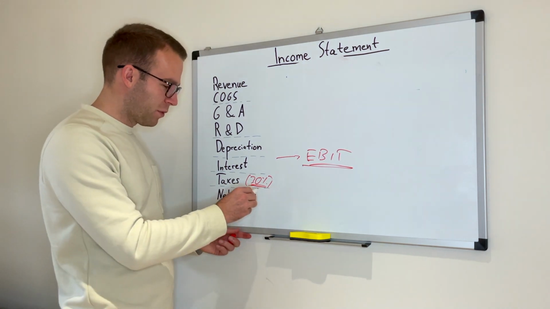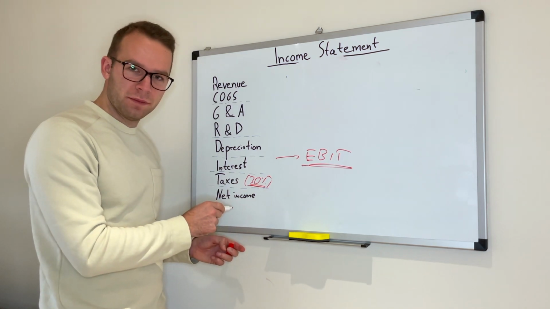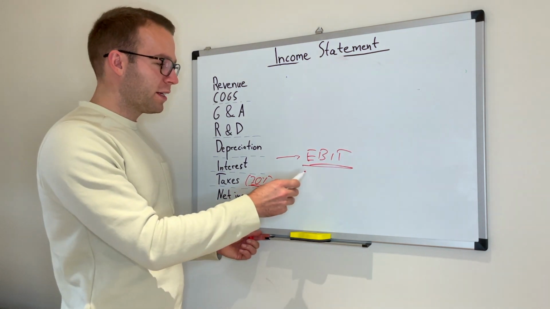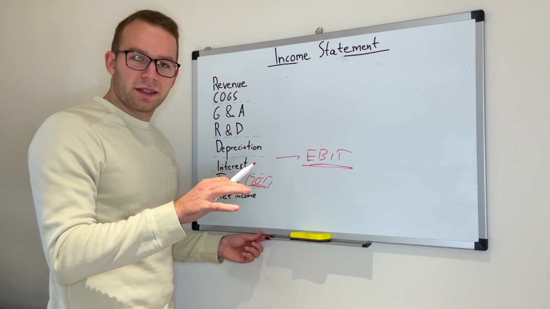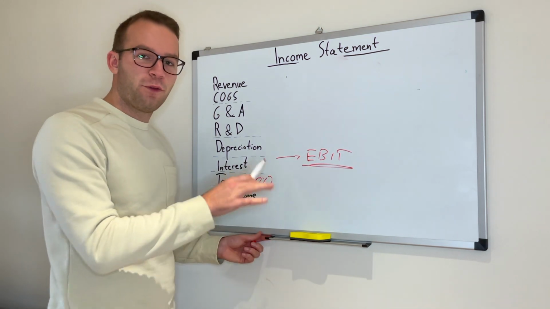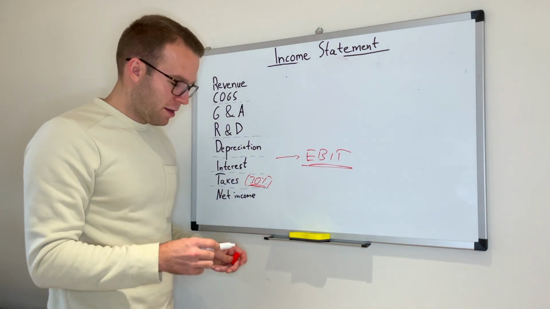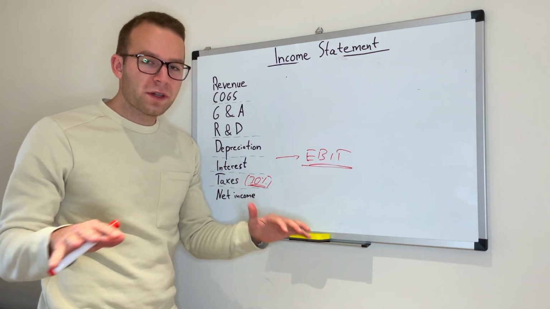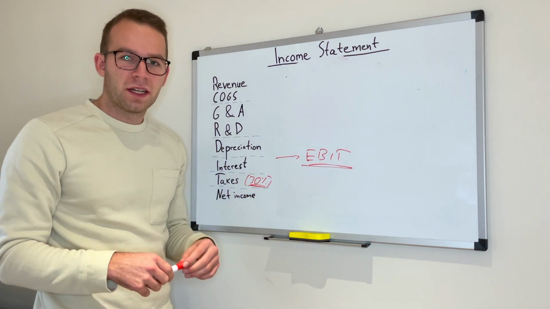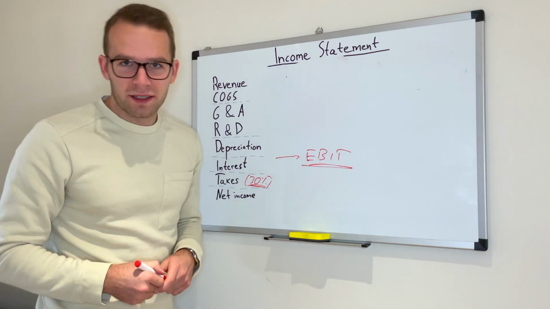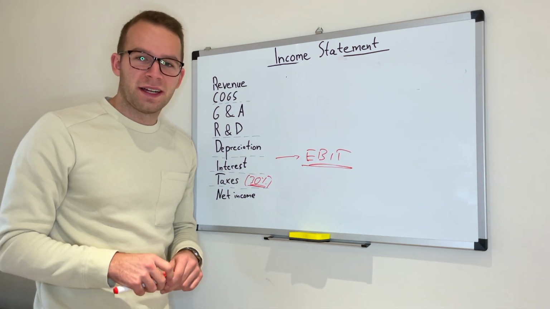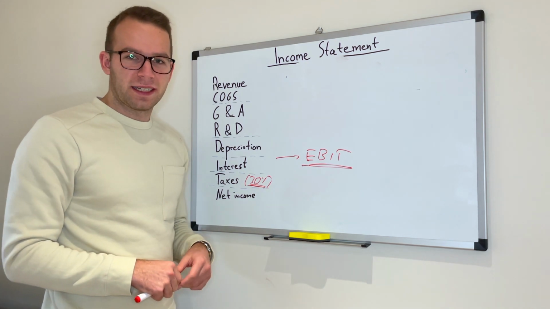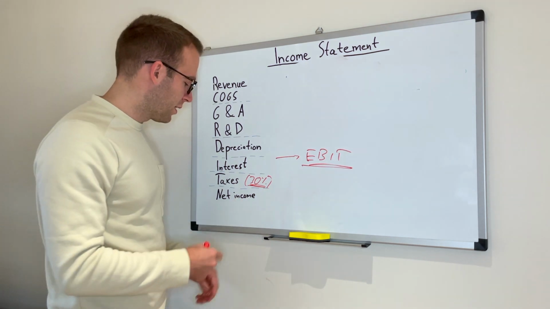And since that number affects our net income, we want to compare the company's earnings before interest and taxes, because then we can compare them on a common ground, on a common basis, without too many national and domestic tax rate differences, and that would then alter our net income.